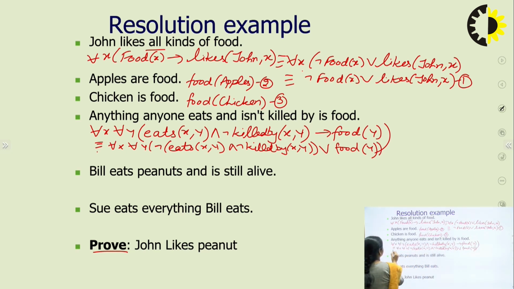The second step is to reduce the scope of negation. If I see a not here, I can apply De Morgan's law on this.